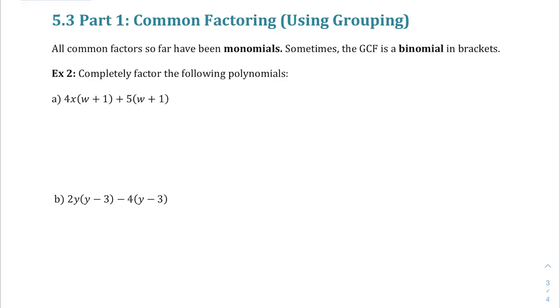Wow, look at how complicated that looks. 4x(w + 1). So in this case, notice that the bracket term itself is what is common between these two terms. So we can factor that out: w plus 1.